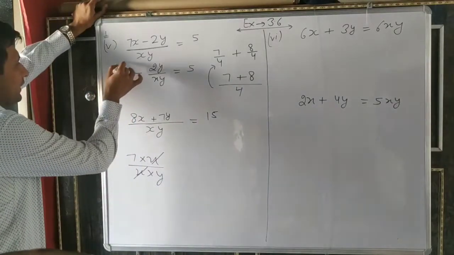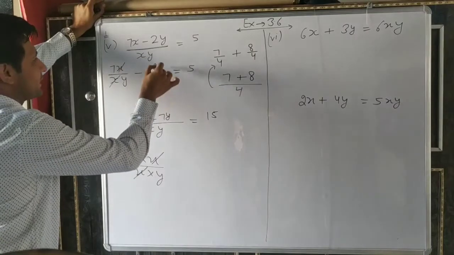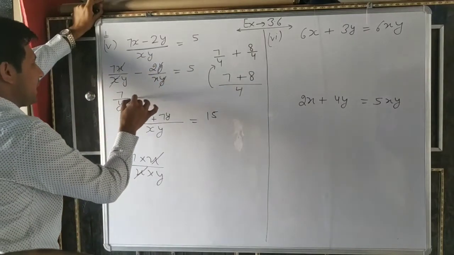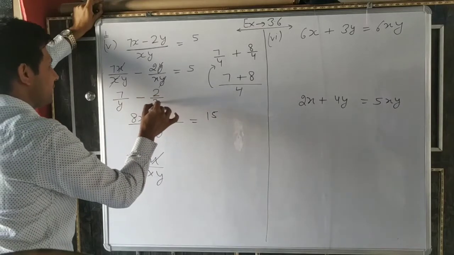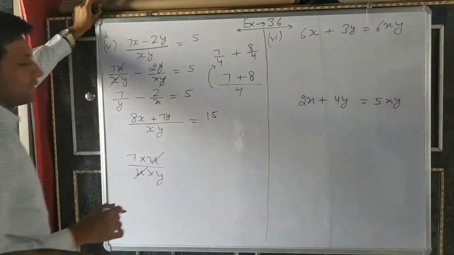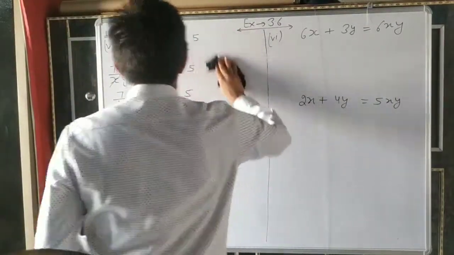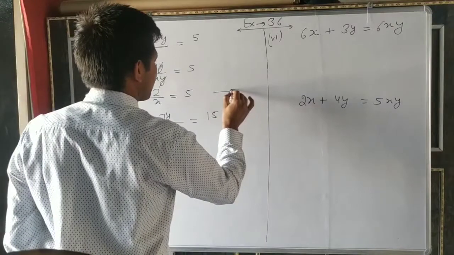X cancels x, y cancels y. What remains? 7 divided by y minus 2 divided by x equal to 5. Now this is equation number 1. Understand? So you will write equation number 1.